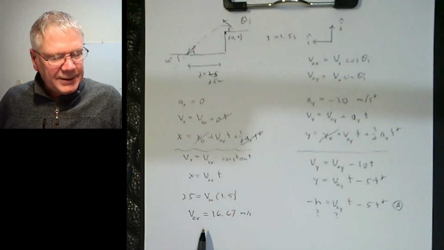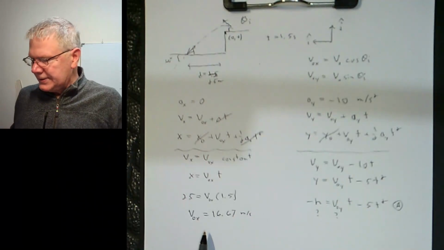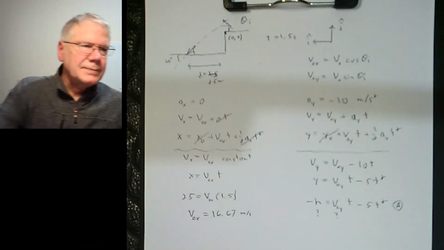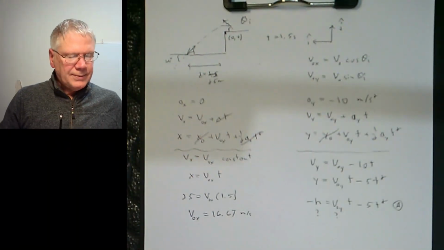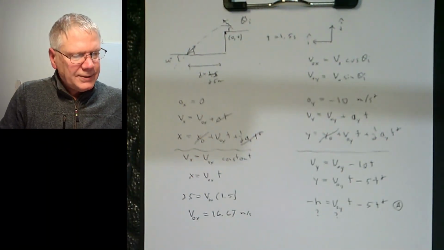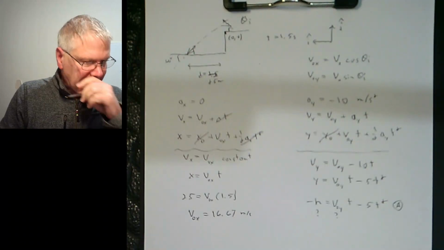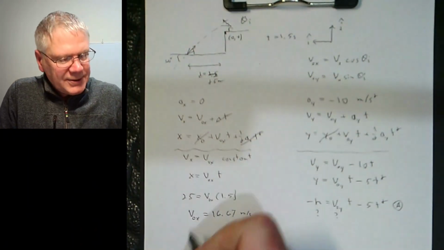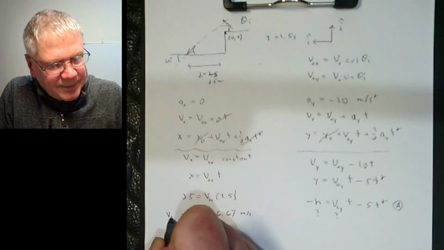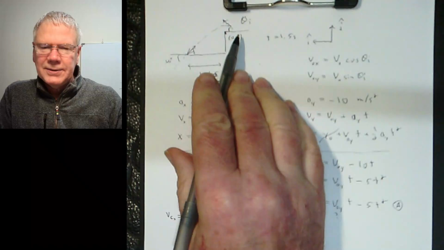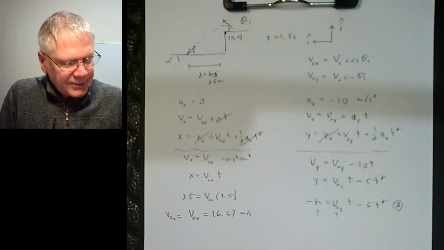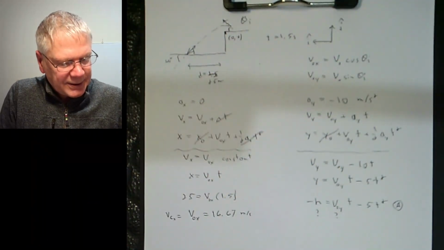Okay, now I've got the initial x velocity. Let's see what we get. And we know, well, this is also equal to the v final x, because I know the angle over here. I don't know this angle, so I need to work with this point. So what I have over here, let's draw our triangle.